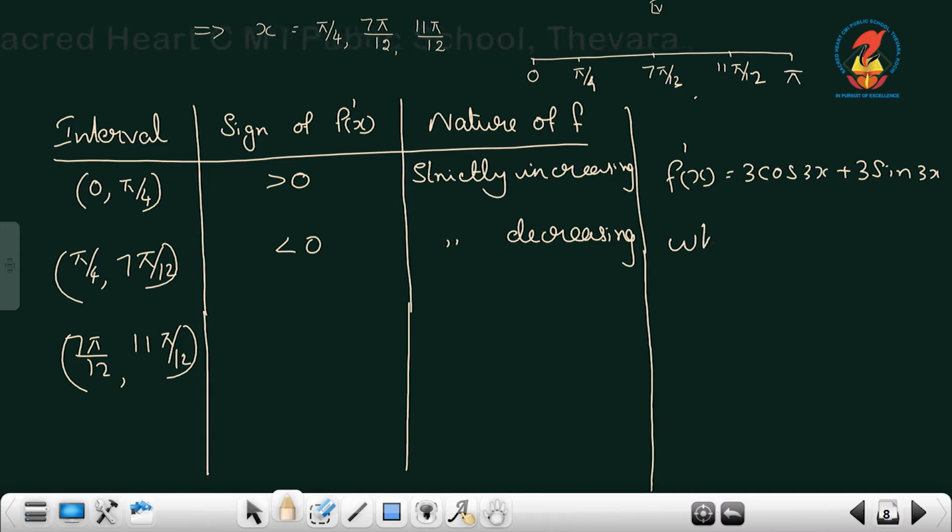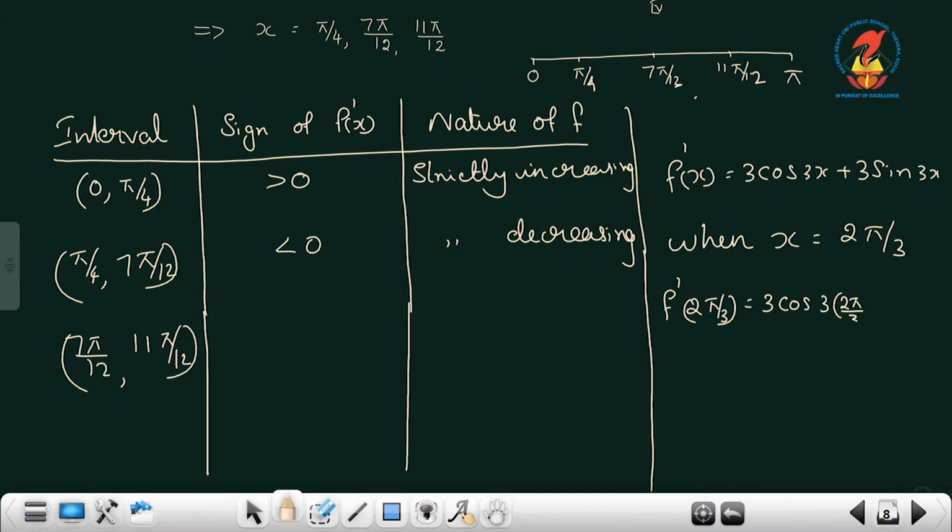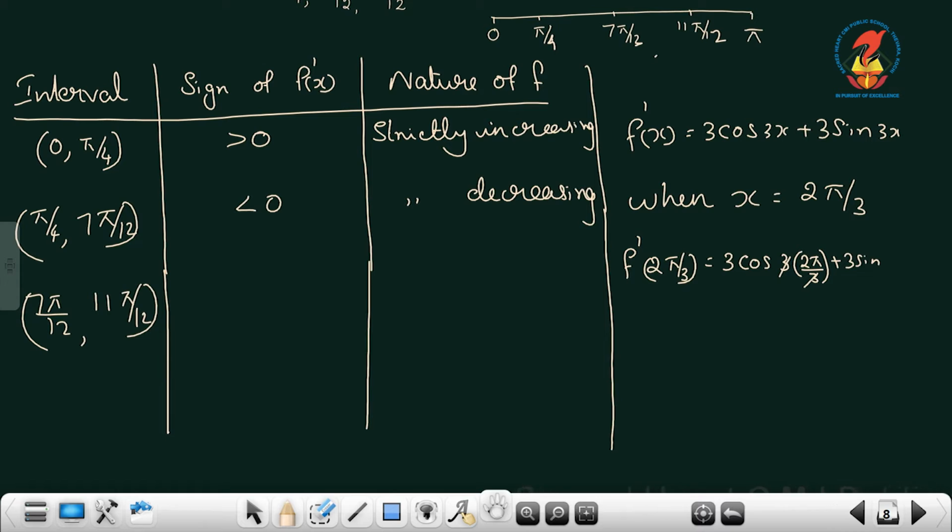So when x is equal to 2 pi by 3, what is f dash x? F dash 2 pi by 3 is equal to 3 cos 3 into 2 pi by 3, then 3 sin 3 into 2 pi by 3. 3 cancels, so 3 cos 2 pi plus 3 sin 2 pi.